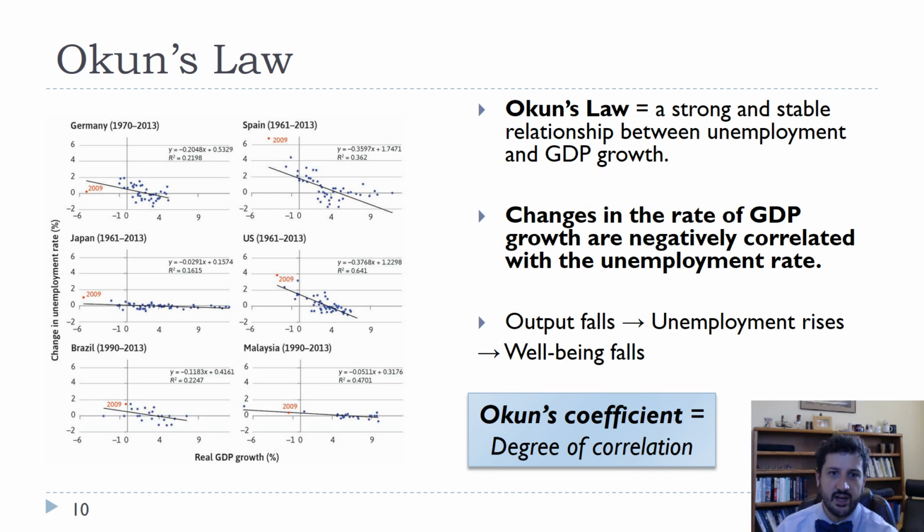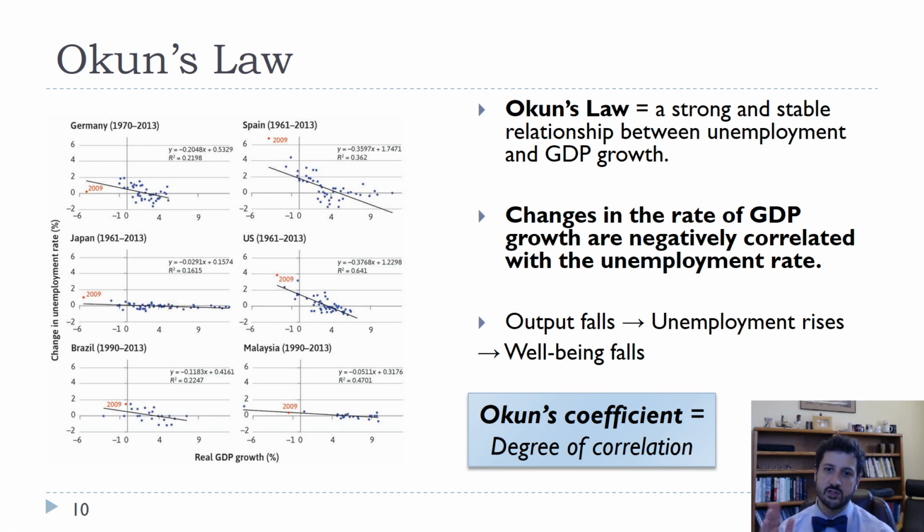So you can see that in the United States, Okun's Law is actually pretty strong. The R squared is 0.64, as opposed to a country like Japan, where it's much weaker and the R squared is 0.16. Japan does not see a big change in the unemployment rate, sort of no matter what GDP growth is, and part of that is because of a different relationship between employees and employers.